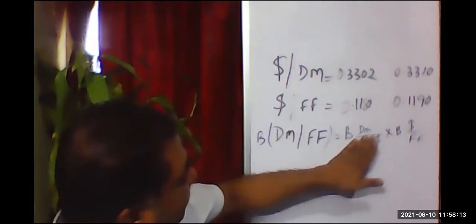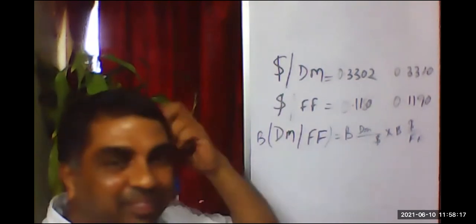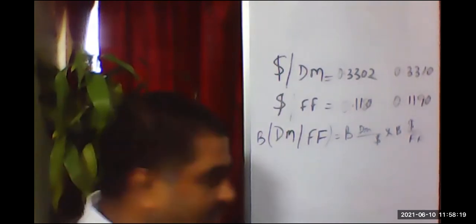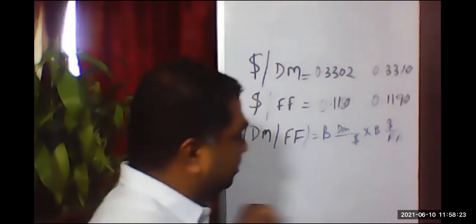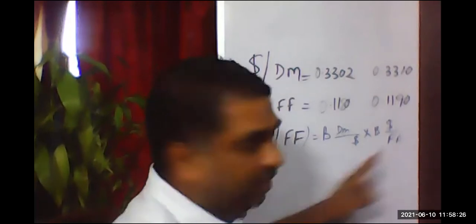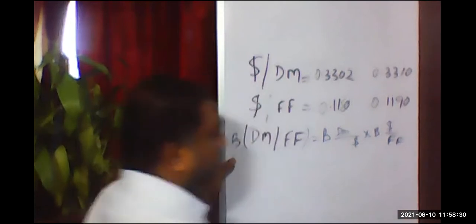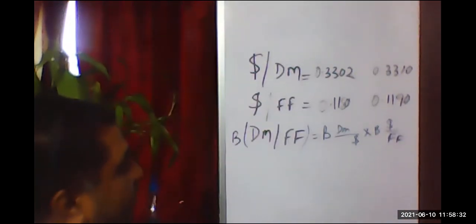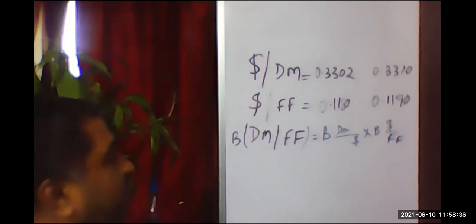Then this dollar is getting cancelled and I am getting DM by FF. This will do, right? Is it clear to you? This is dollar by FF. So bid DM by dollar into bid dollar by FF.